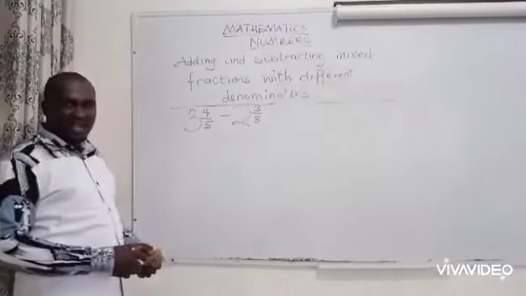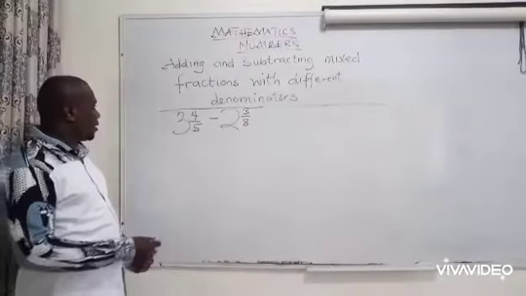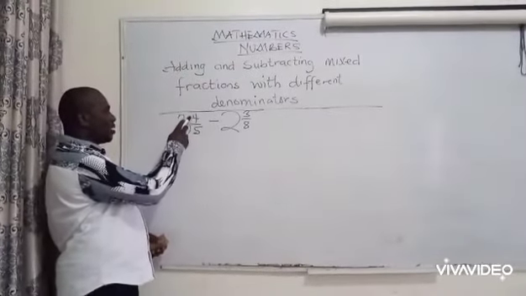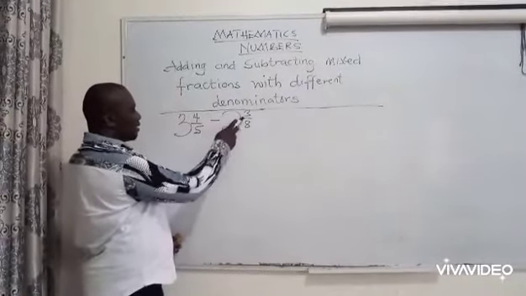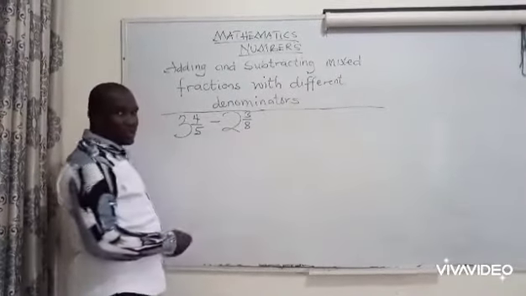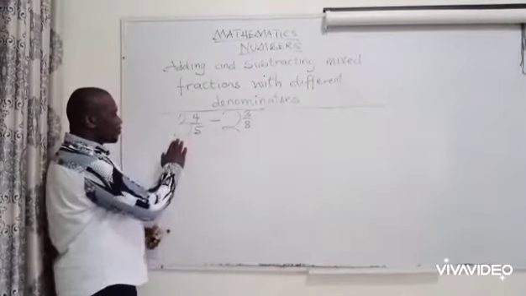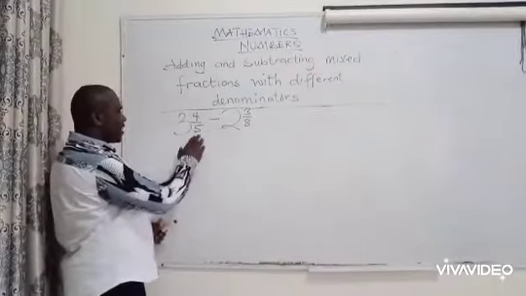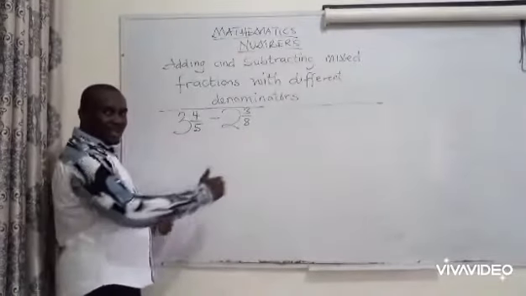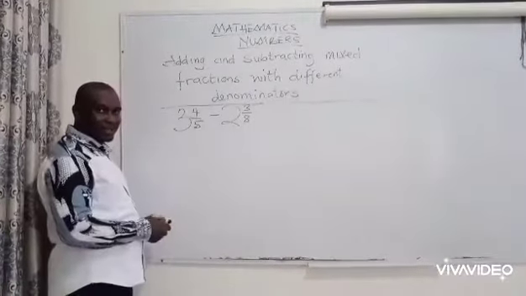So in our final example for the day, we have 3 whole number, 4 out of 5, minus 2 whole number, 3 out of 8. We subtract our whole numbers first, and then subtract our fractions and add the two answers together.